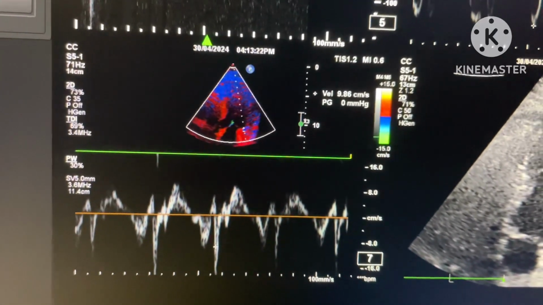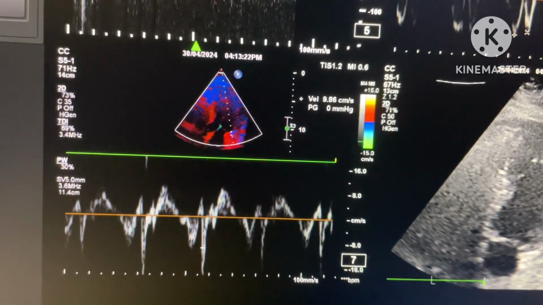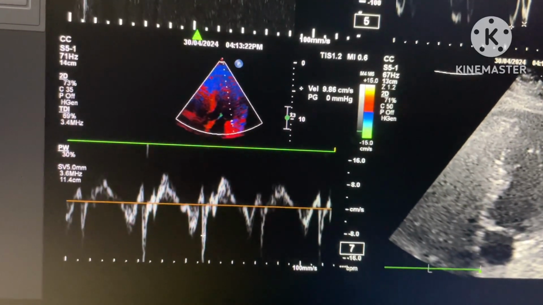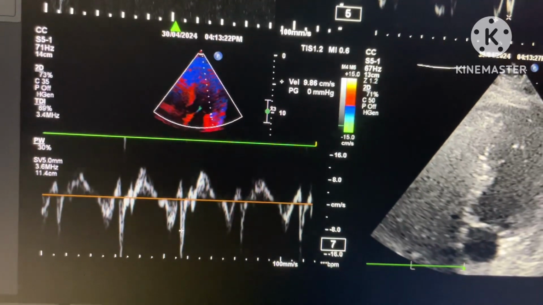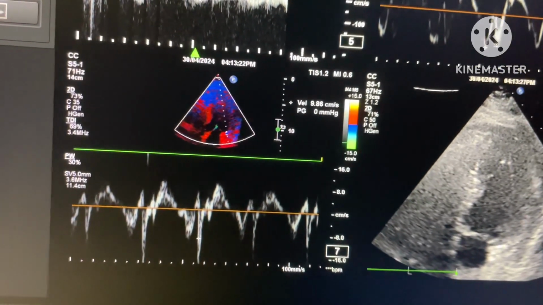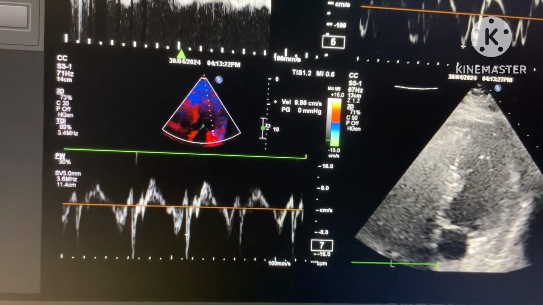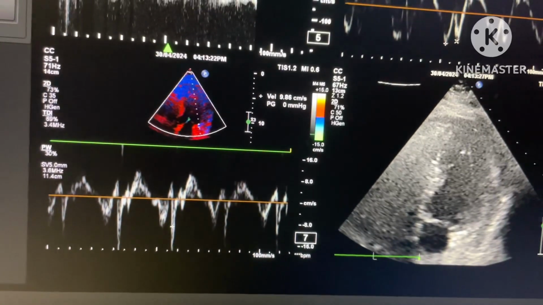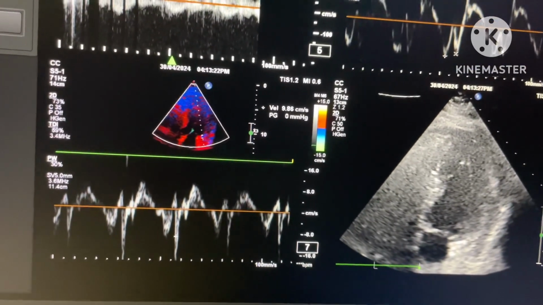Whenever the medial annulus has more velocity compared to the lateral annulus, it is in favor of constrictive pericarditis. In a normal case, the lateral has more velocity compared to the medial, but in constrictive pericarditis, the medial has more velocity compared to the lateral one, and that is called annulus paradoxus.